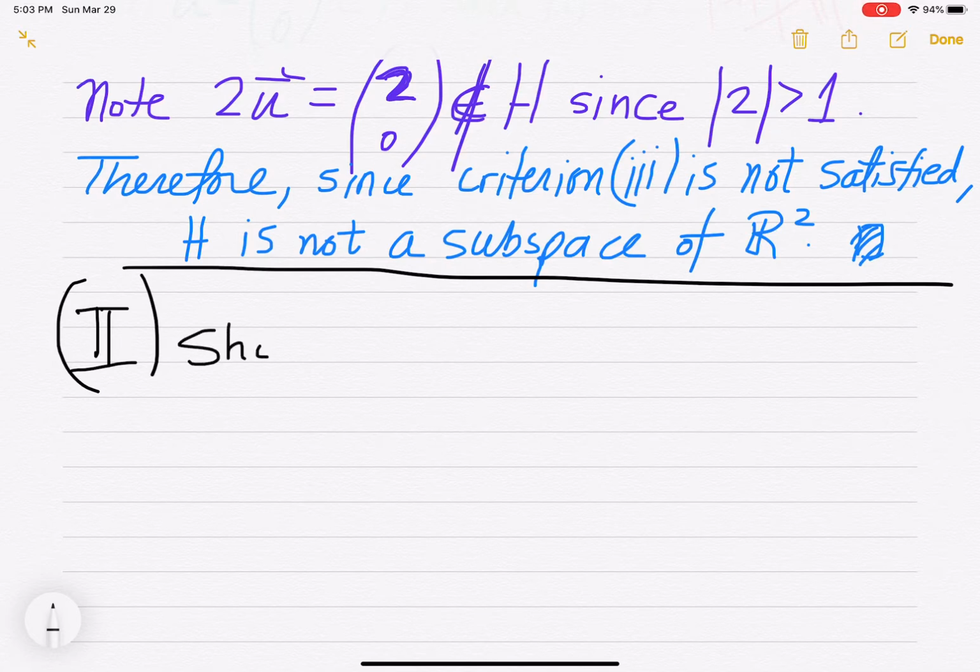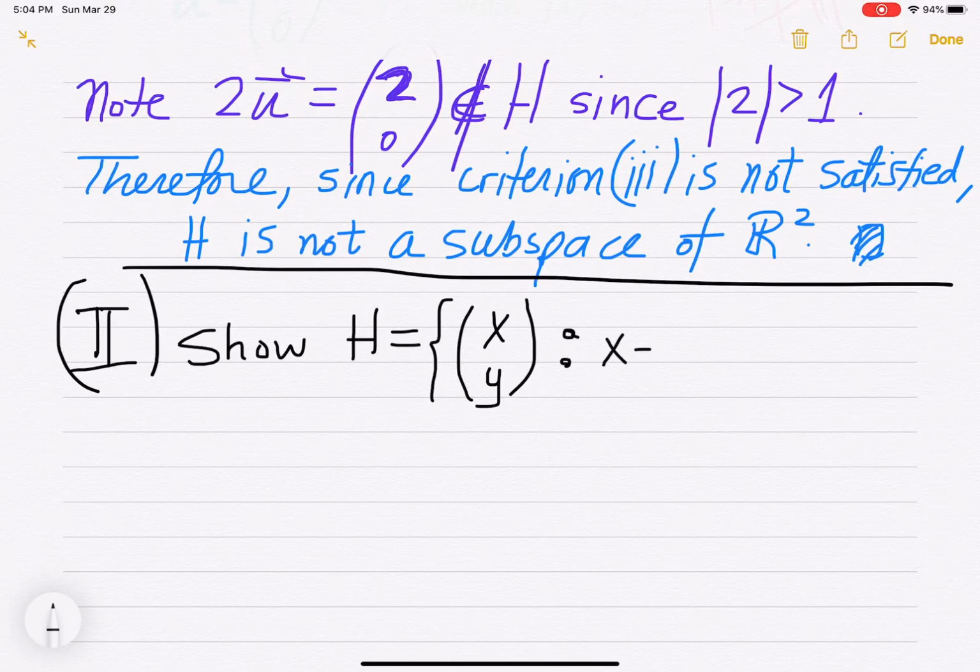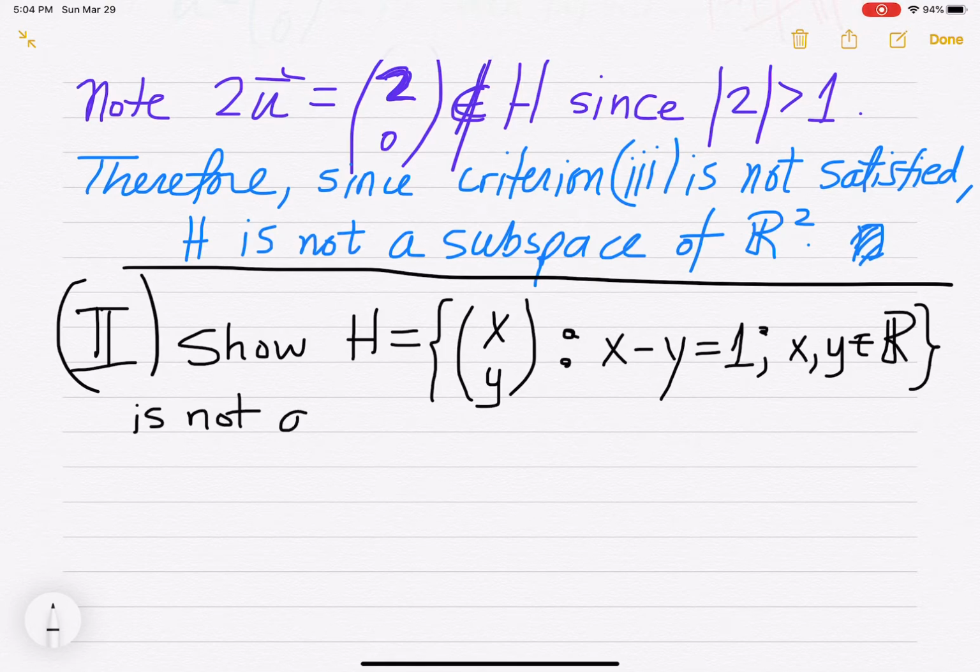Show this H. H is going to be the set of all x, y, so ordered pairs such that x minus y equals 1, and x and y are real numbers. So we want to show that this set H is not a subspace of R2.